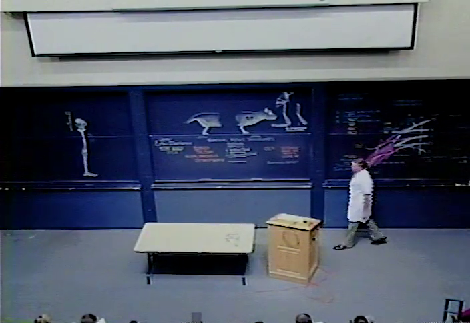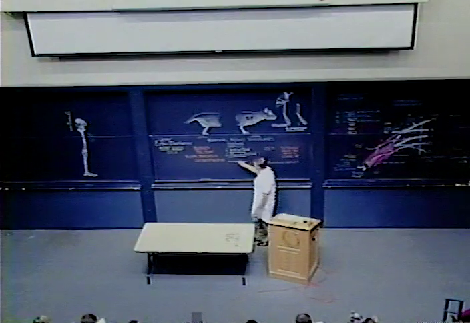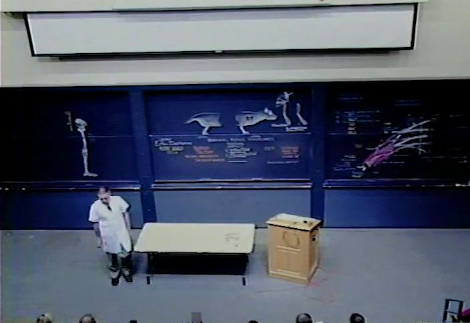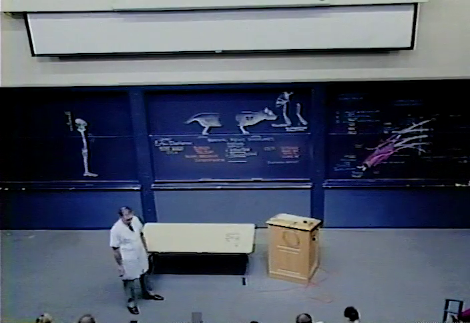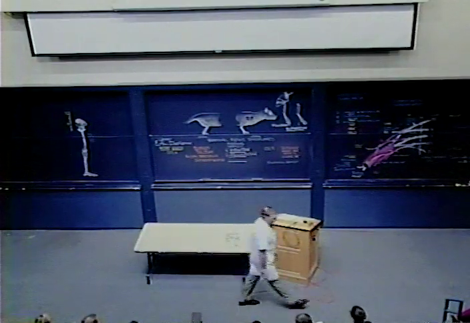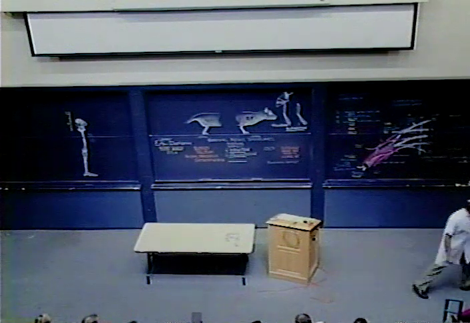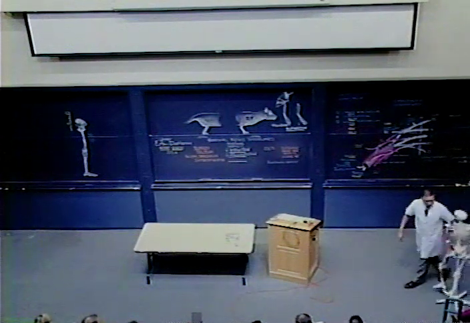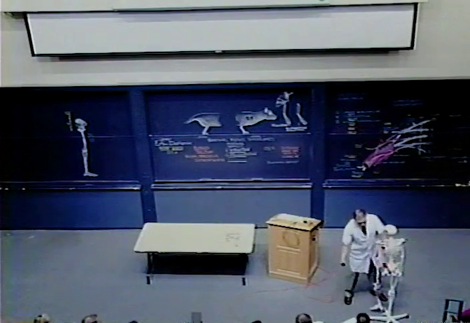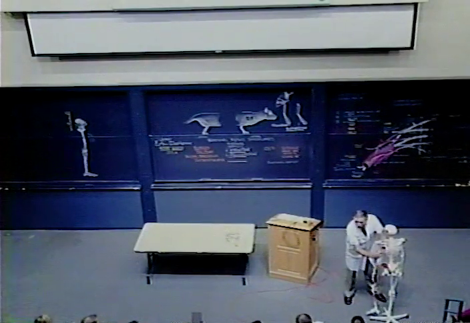You're hanging straight down. Finally, this is a little hard for you to understand, you haven't seen it, the arm is rotated medially. The arm is rotated medially like that. A major lateral rotator of the arm is a muscle that comes from this fossa.